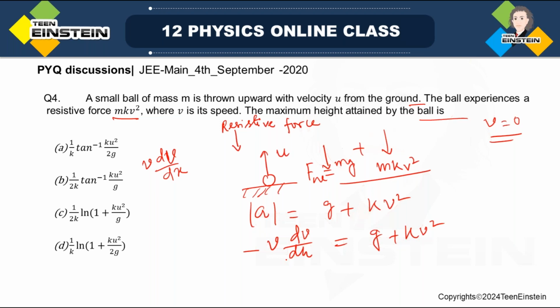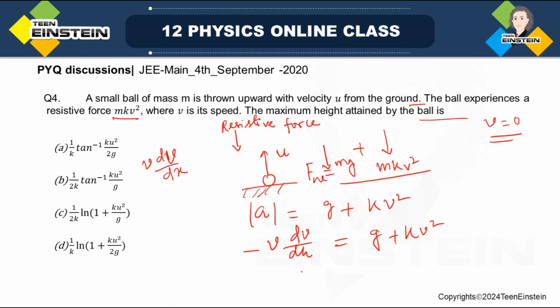Now look what I can do. I can strike one v from both sides. Is that possible? No, let us not do that, otherwise we'll be in trouble. Let us do it another way.